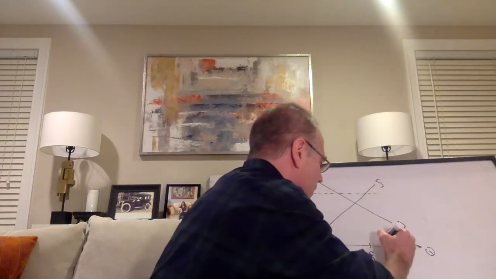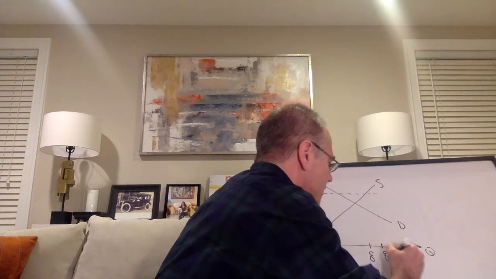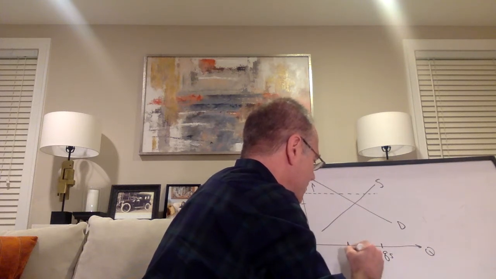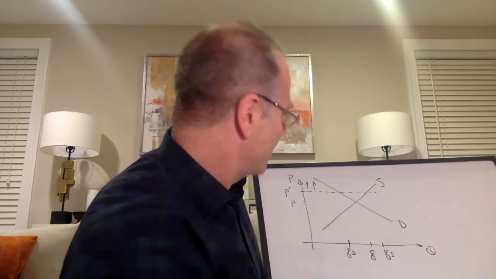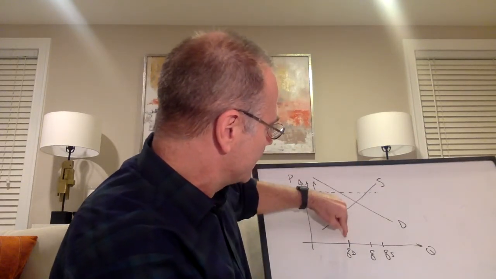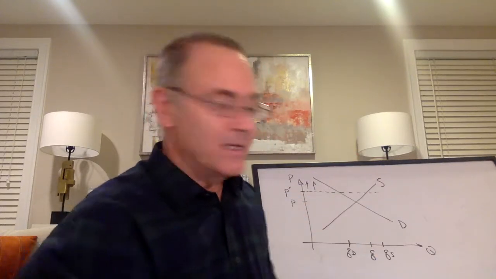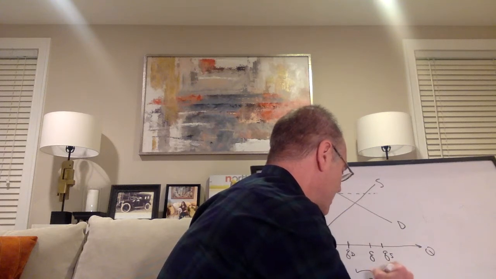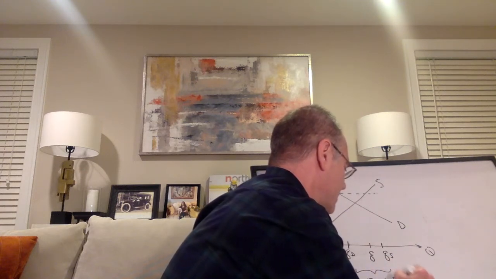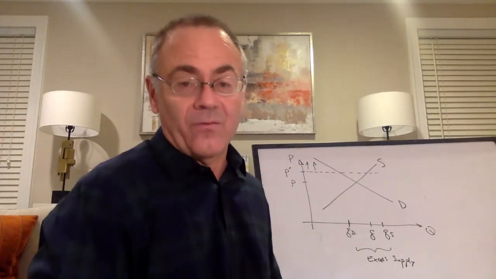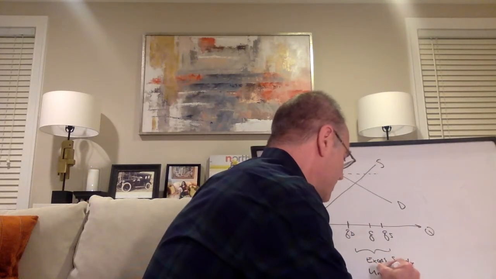Instead, this many people are willing to supply their labor, and this many businesses demand the labor. The amount of labor supplied is that much, the amount demanded is this much. The difference is excess supply. Okay, and for the labor market, another word for excess supply is just unemployment.